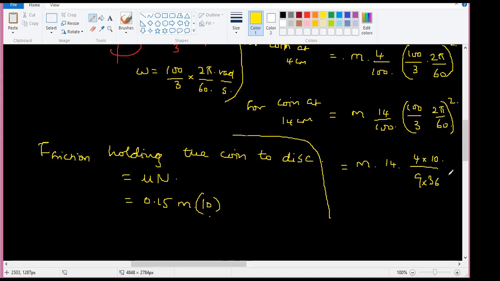Anybody, quickly calculate this and tell me. 4 times 9 is 36, 9 times 9 is 81, 81, and 14, how many times 81? 140 divided by 81.